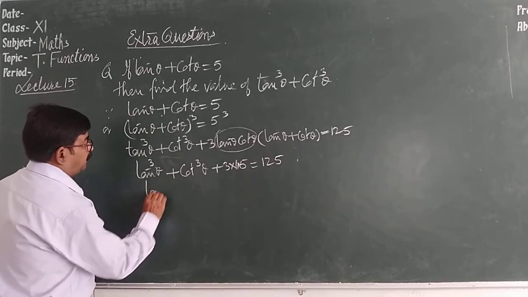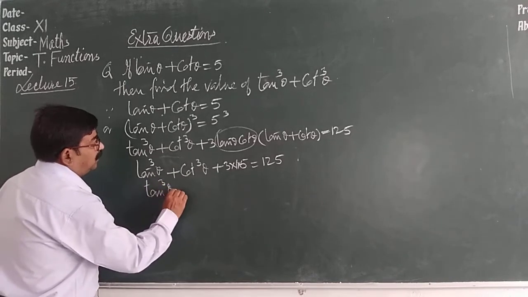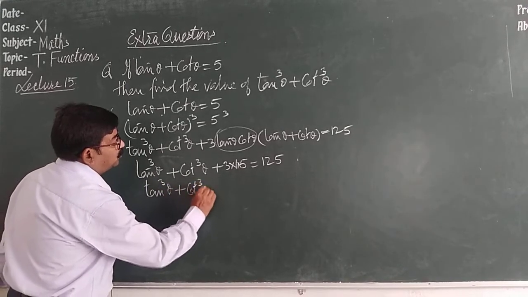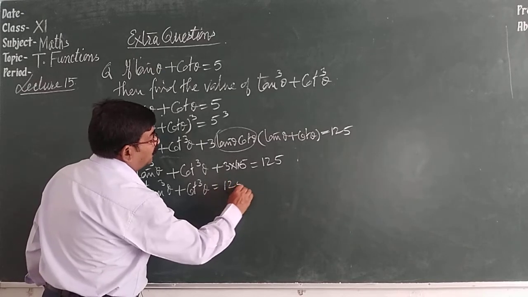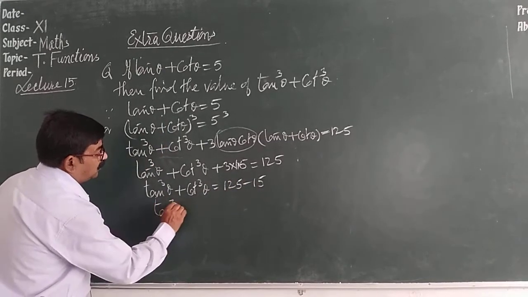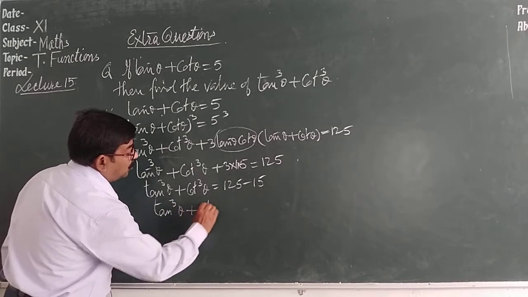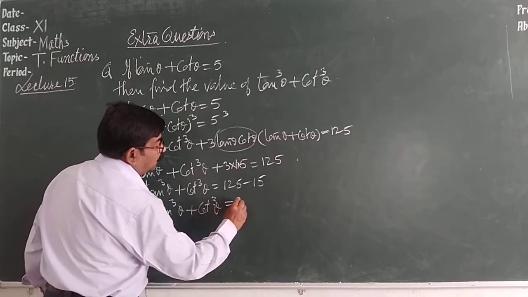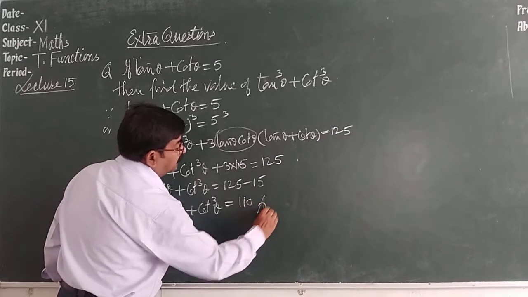So we have tan cube theta plus cot cube theta is equal to 125 minus 15, which is 110. That is the answer.